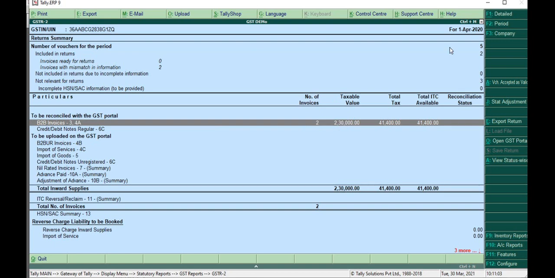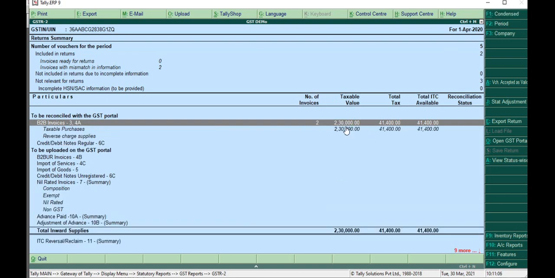So the number of transactions: 2,30,000, 41,400 B2B transactions. Previously we had 2 lakhs as one transaction, and just now 30,000 is another transaction. We are doing it in the same company, that's why it has added these two details.